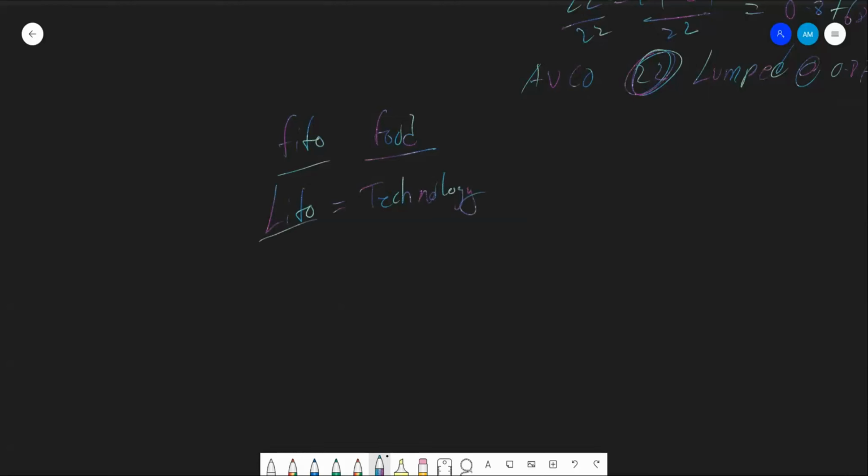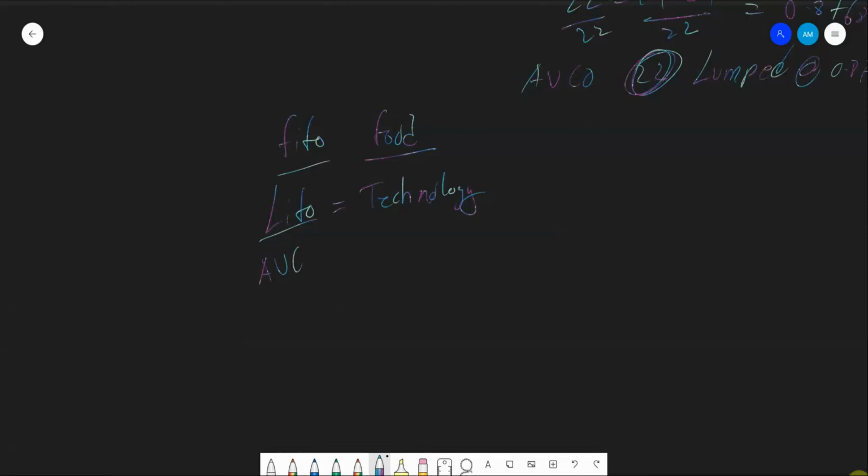That's how LIFO works. Last in, first out. The latest one that you get in, that's the one you're going to sell. In FIFO, the oldest one you have, that's the one you're going to sell first, because you don't want to lose money because you already bought that. LIFO doesn't care about that. LIFO wants to satisfy the customers. That's how you value it.